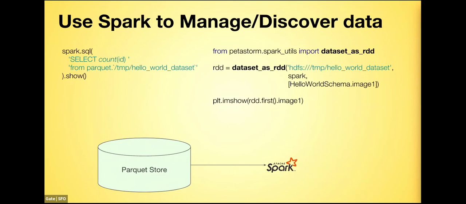One of the added values of Petastorm is that it allows you to store types that are not native to Parquet. And which types am I talking about? Types like tensors that contain images or other sensor data. So Parquet, out of the box, doesn't support anything besides scalar types and arrays.